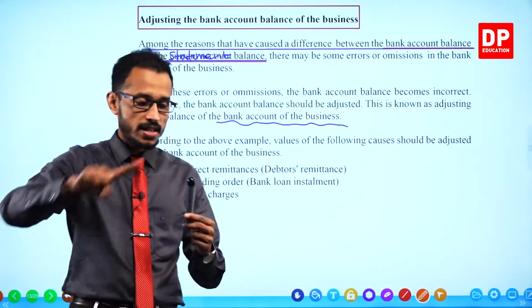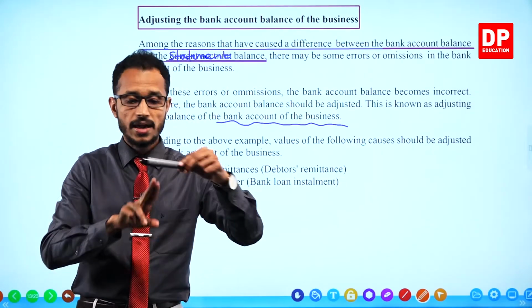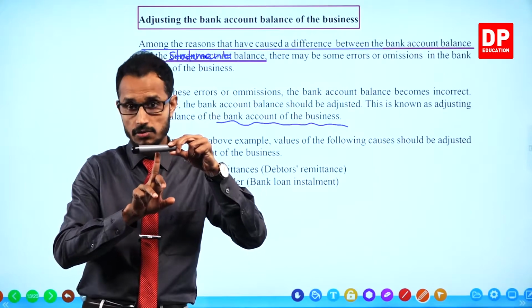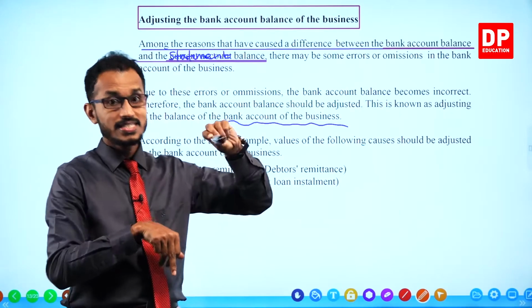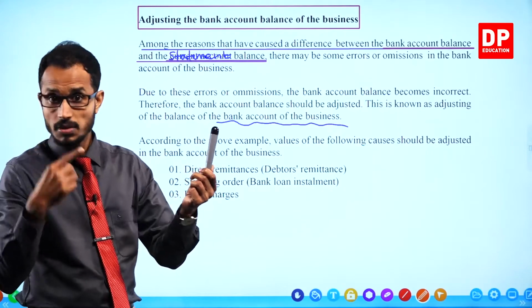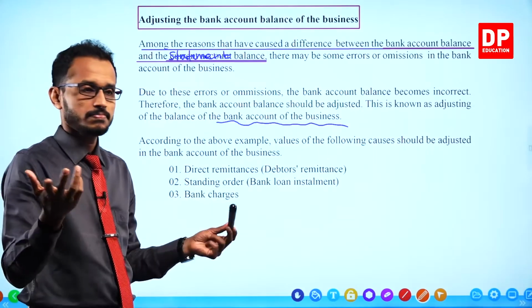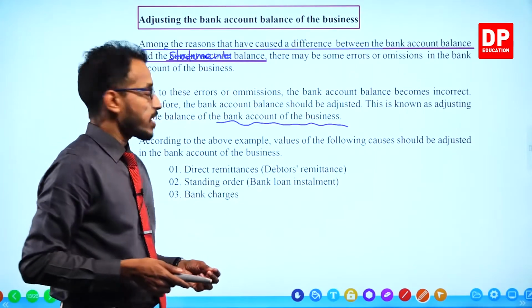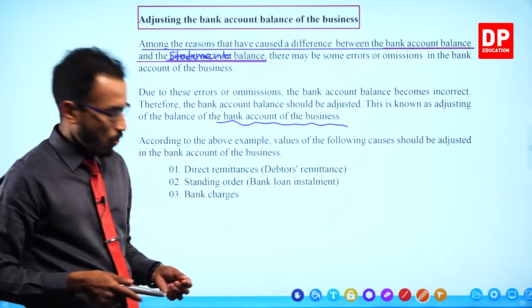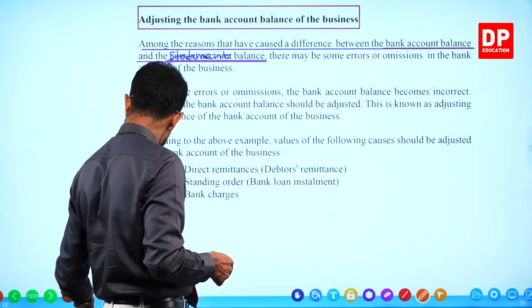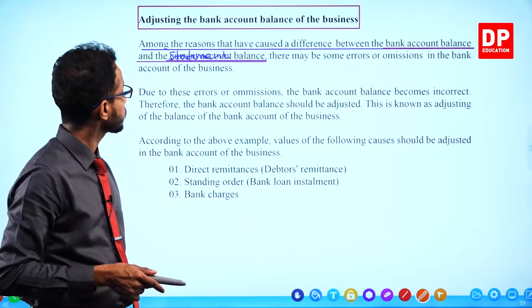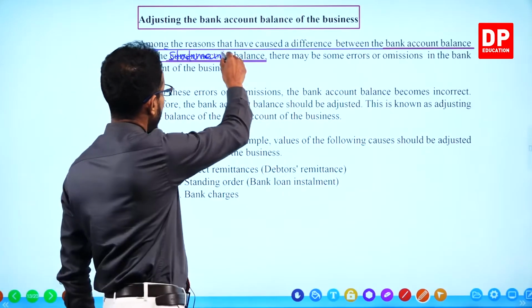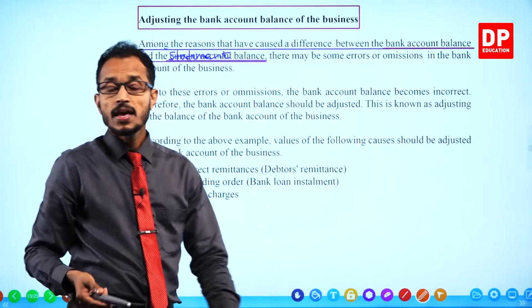Same thing, children. Adjusting the balance of the bank account of the business. As I always say, that is our bank account, the T account or the bank book, as we call it. We are going to adjust the balance of the bank book. Why?